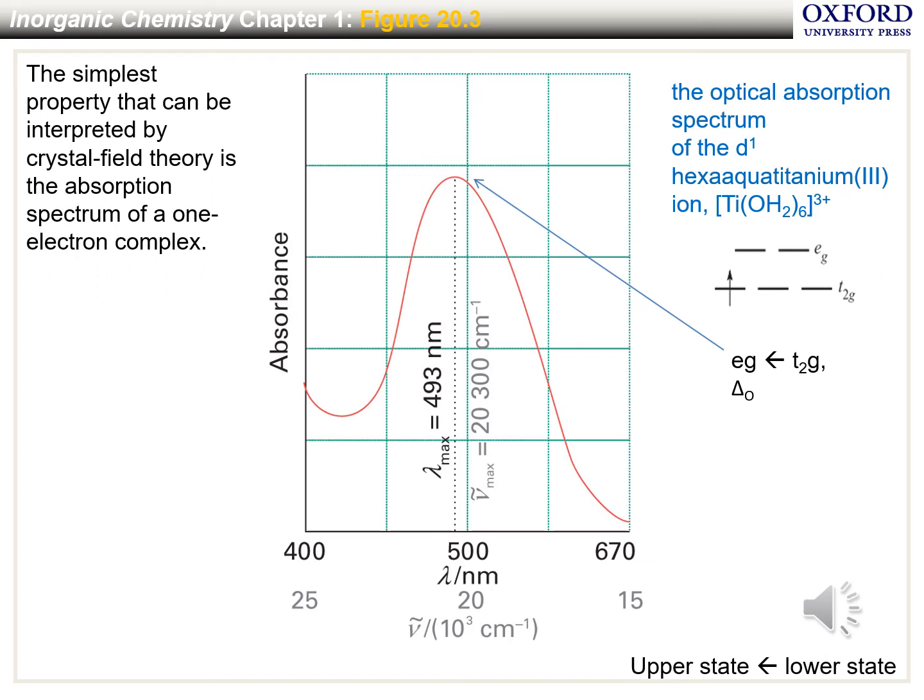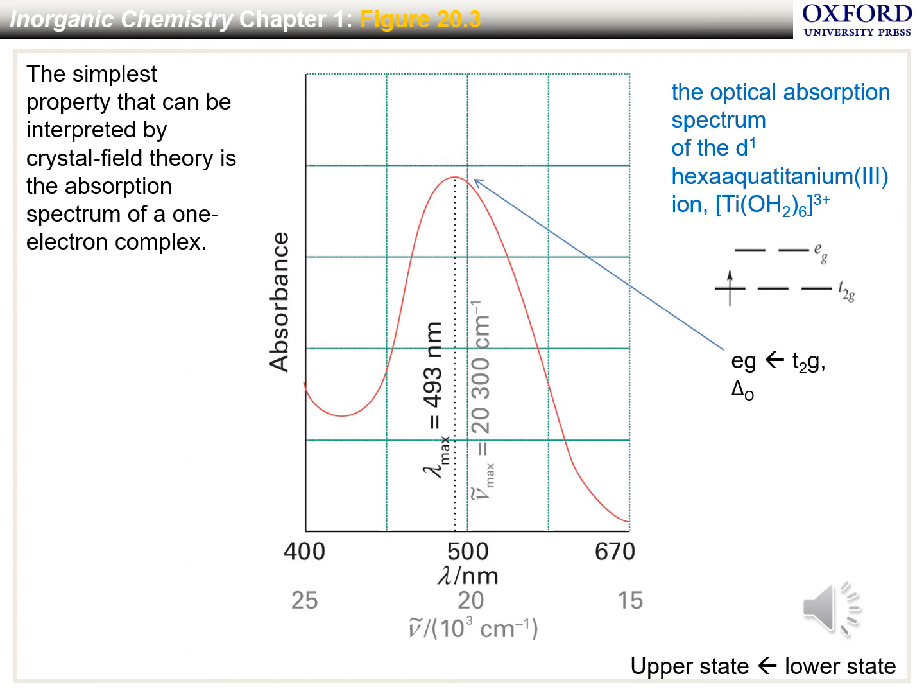An application example for crystal field theory is the absorbance of the hexaaqua titanium(III) ion. If you look at the figure, you will see the lambda max of your ion.